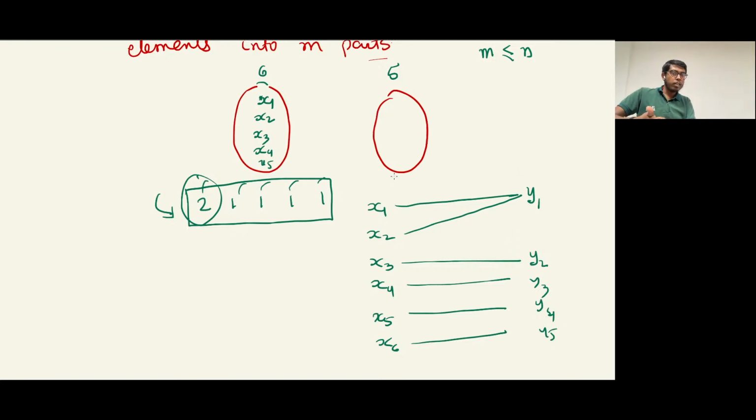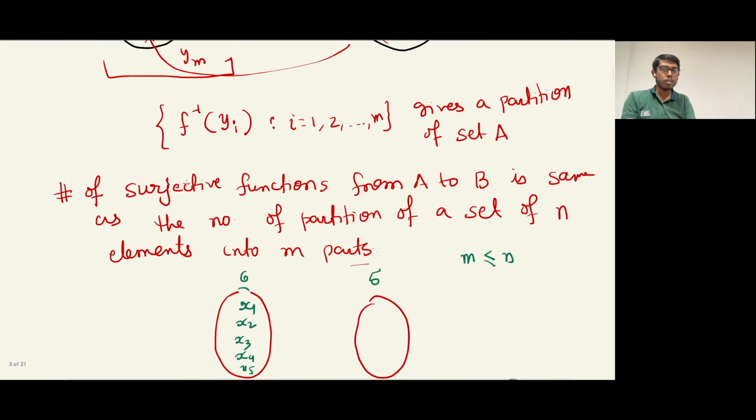Now it may happen that x1, x3 goes to y1, or x1, x4 goes to y1, or x1, x5 goes to y1. So we need to count all these, which is why we have to consider the permutations as well. This is how we count by the number of partitions method.